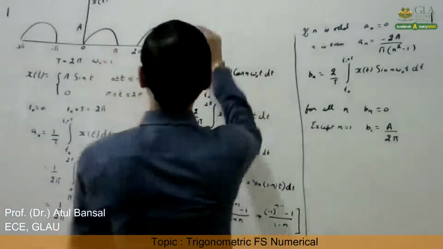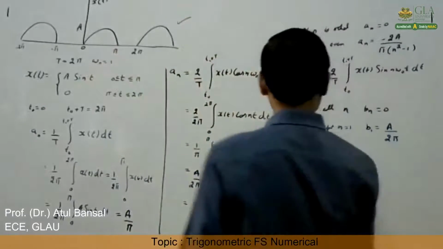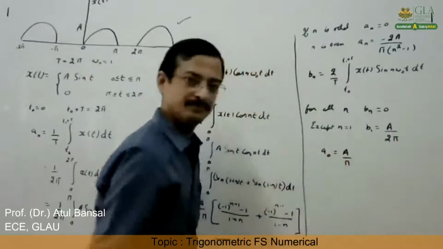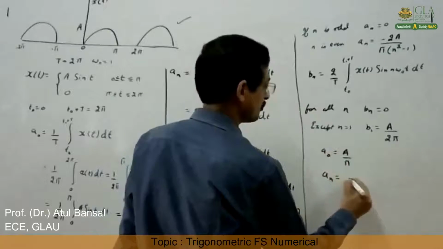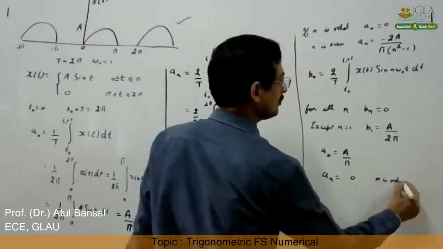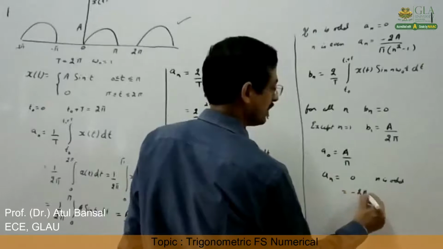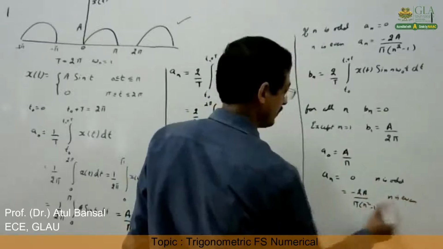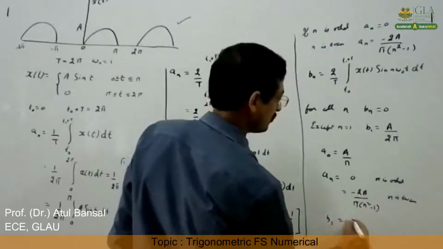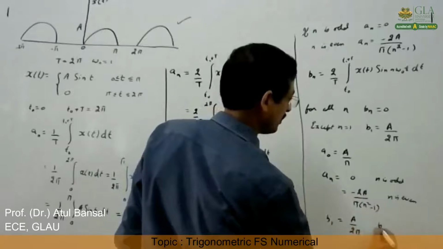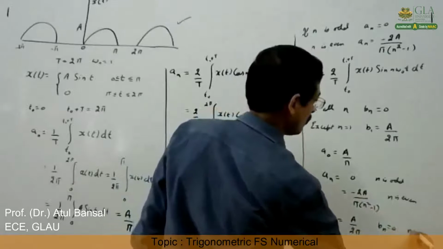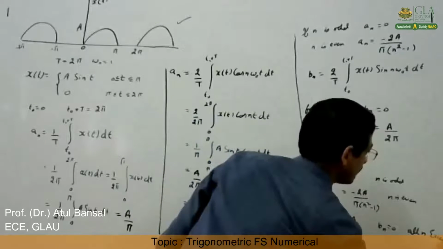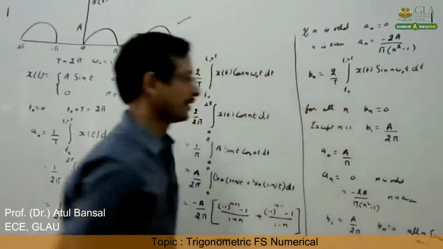So for this given signal, the half-wave rectifier output x(t), what we get is a0 as a by pi, an equals 0 when n is odd, equals minus 2a upon pi (n square minus 1) when n is even, b1 equals a by 2, and bn equals 0 for all n except n equal to 1, right?